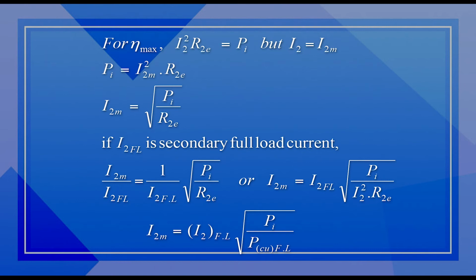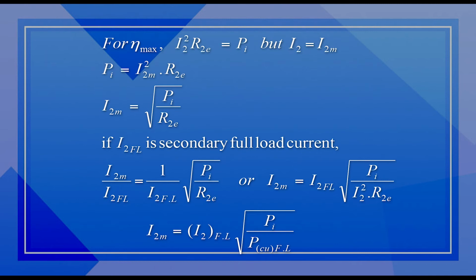So if I2FL is the secondary full load current, how can you write this expression? Just divide both the left-hand side and right-hand side by I2FL.